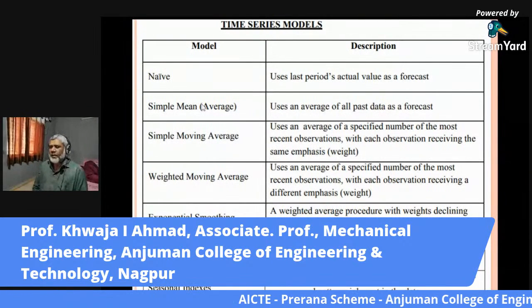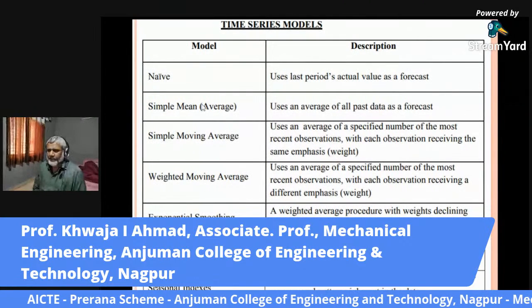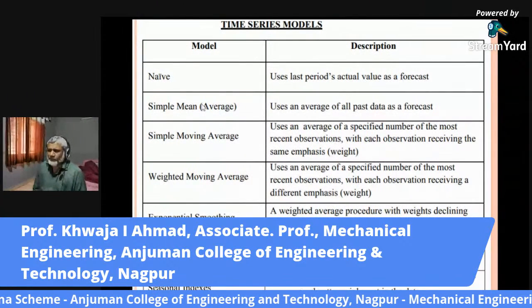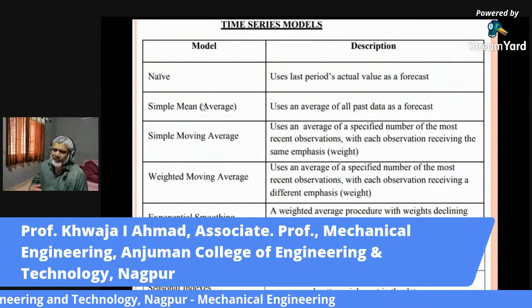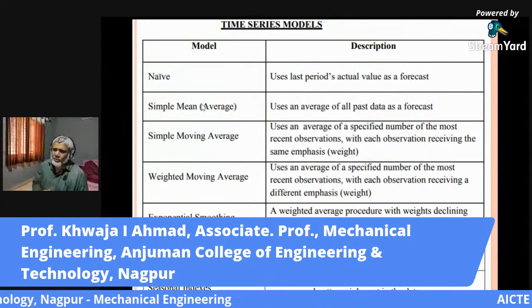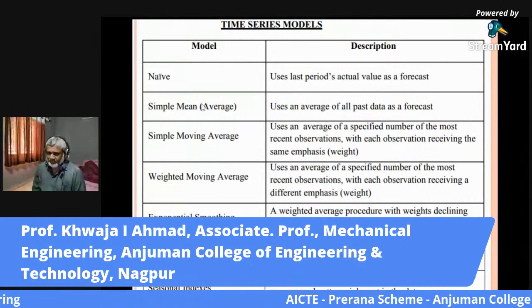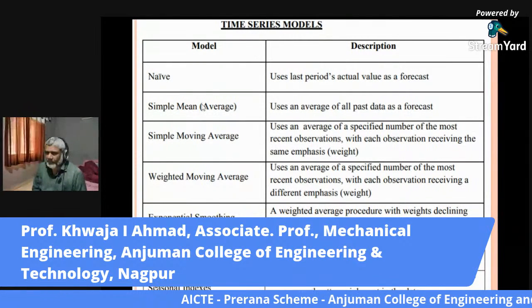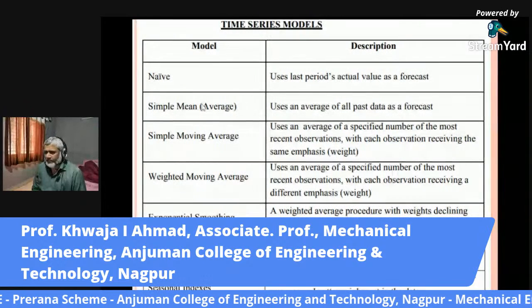Here, all past data for a particular period is taken into account, and the average value is found out, and that average value based on the past data is the forecast for the next season or next period. Another one is the simple moving average method.